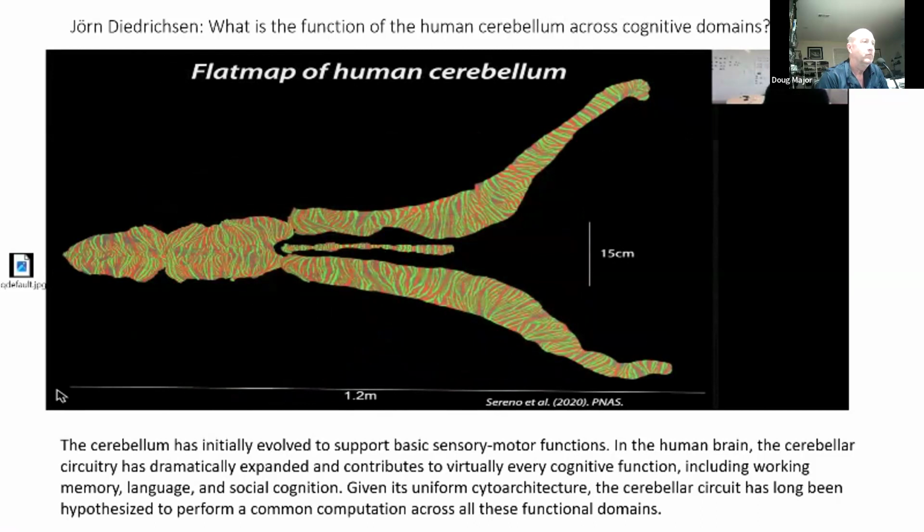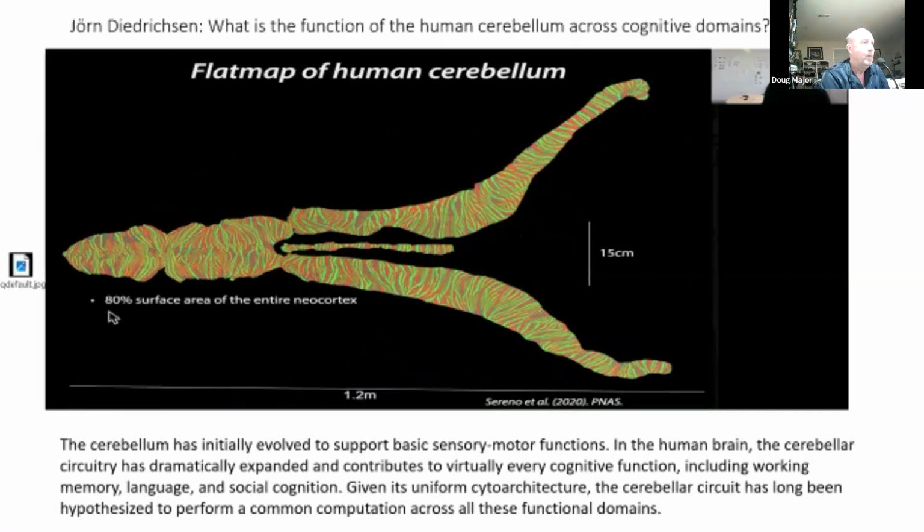So it's a sheet of cortex that is about 1.2 meters long and about 15 centimeters wide. And it has this very interesting foliated structure running medial to lateral. So it's folded like an accordion, basically in one direction. Now, we found that the surface area of the cerebellum was about 80% of the entire neocortex.